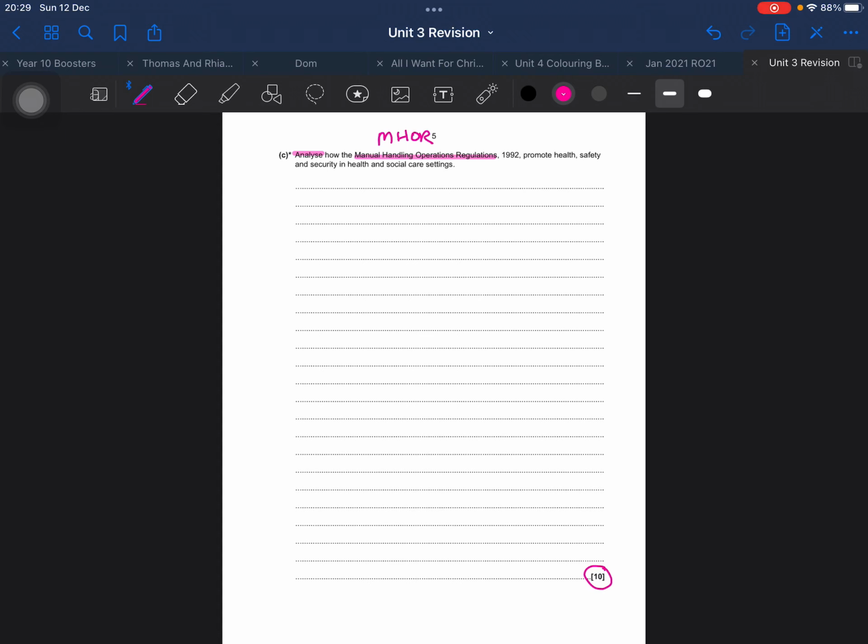Well, it's going to reduce the risk of injury, such as back injuries, to workers or residents. So we're going to say: reduces the risk of back injury to staff and residents.